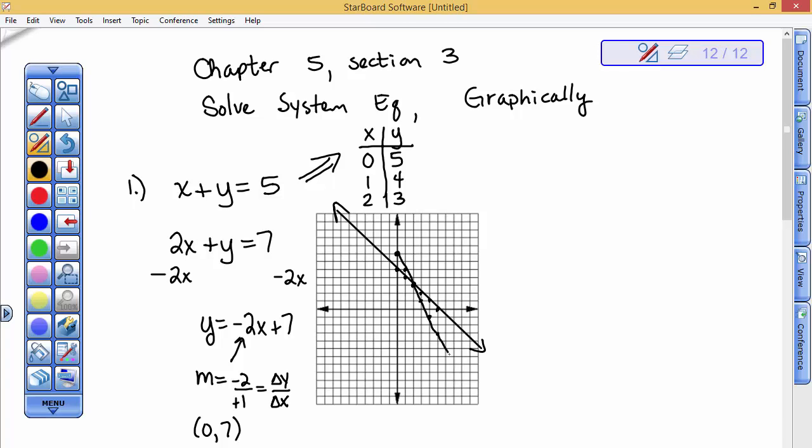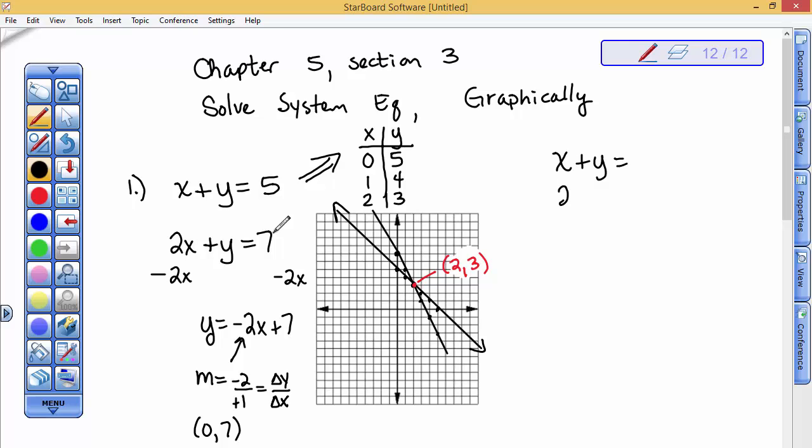And I wish to share with you that the solution of a system of equations is where the graph of that system intersects. In this case, that ordered pair is where x is 3, nope, backwards, where x is 2 and y is equal to 3. So let's go back into the original system. The original system was x plus y equals 5.